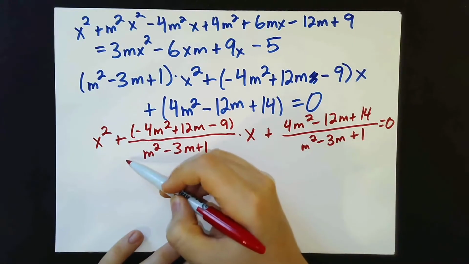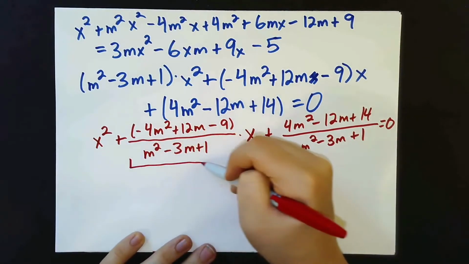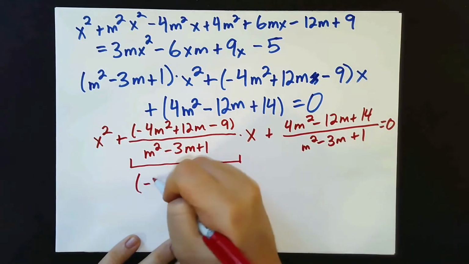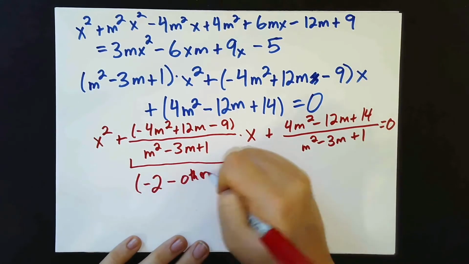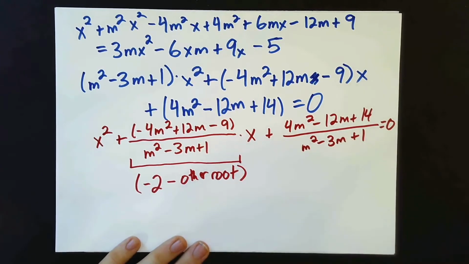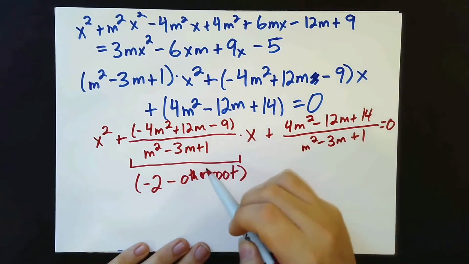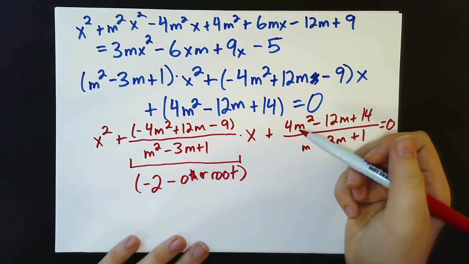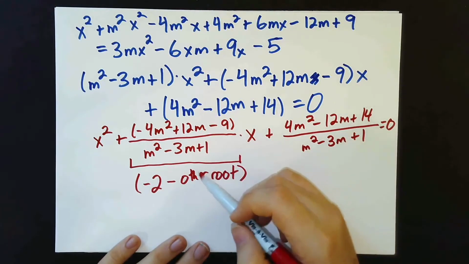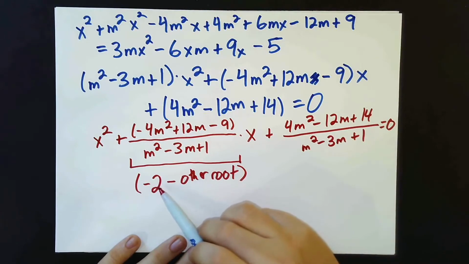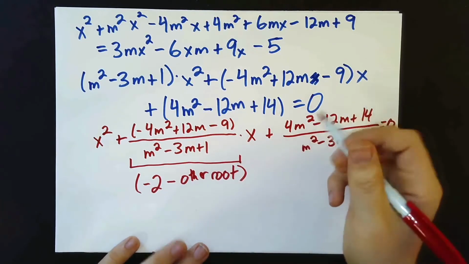So again, this is going to be negative 2 minus our other root, whatever you want to call that other root. So we can go ahead and figure out what that means our other root is. That means our other root is negative 2 minus this number.